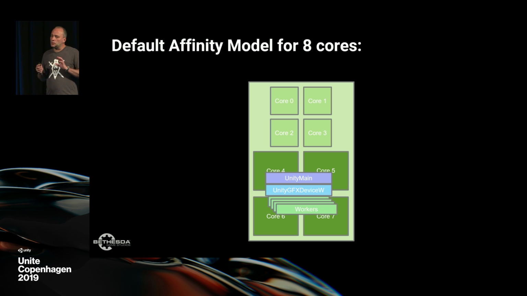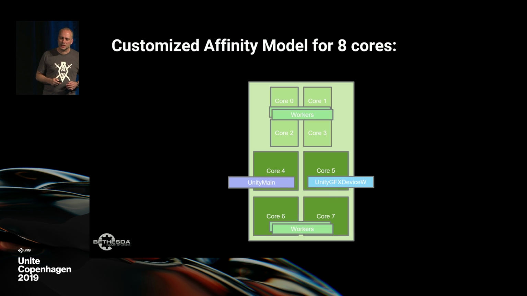In all honesty, for a lot of situations, it does make sense because there could be other processes executing on a device, and also workers are not tremendously occupied. So they're enjoying a faster clock rate, and the fact that they contend with the Unity main may not be that big of a deal. But once again, we like to try things, so we tried a different affinity model.